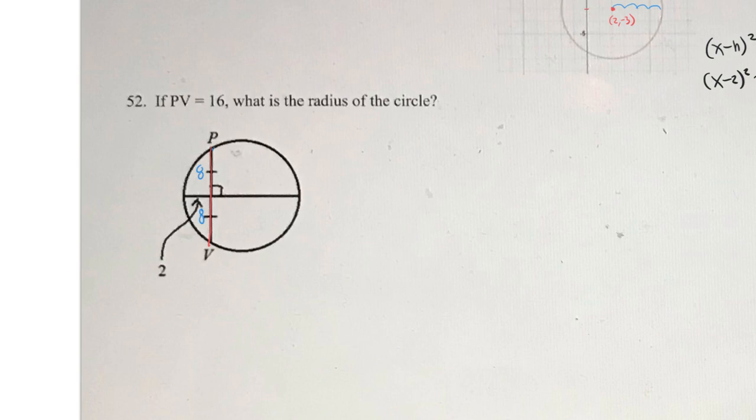So let's see. All right. Well, I can immediately see, here's the center. And then we have that right there. Now that is the radius. If you think about it, right, we could call that R.